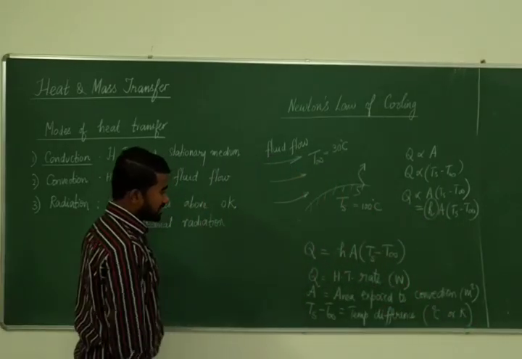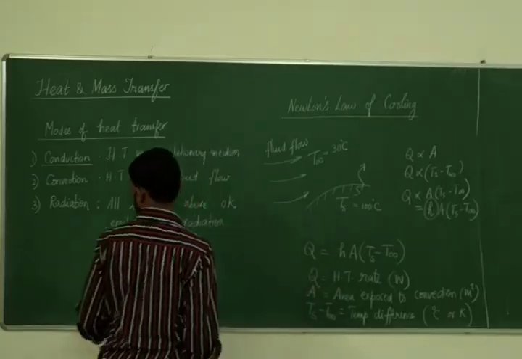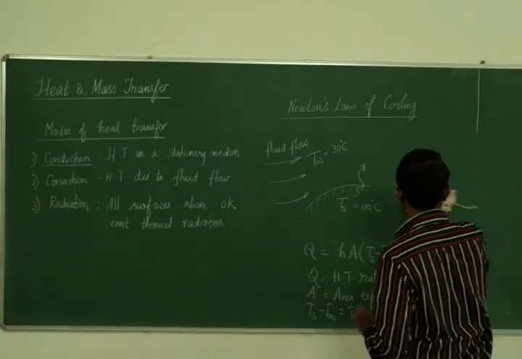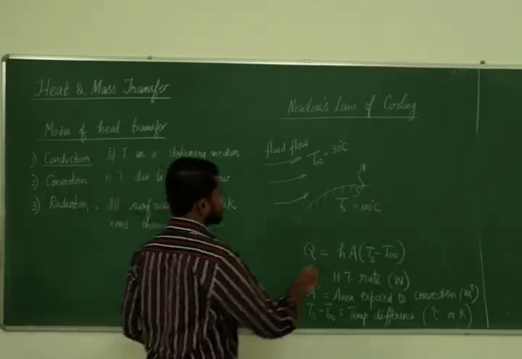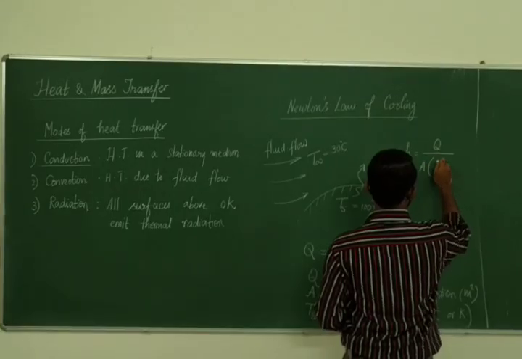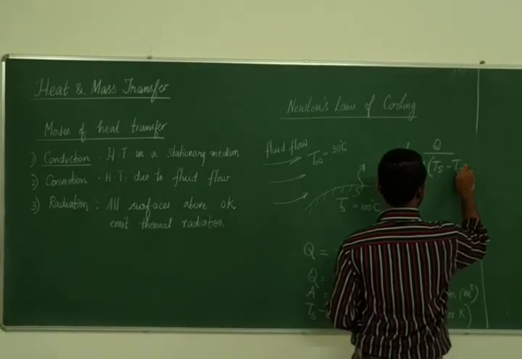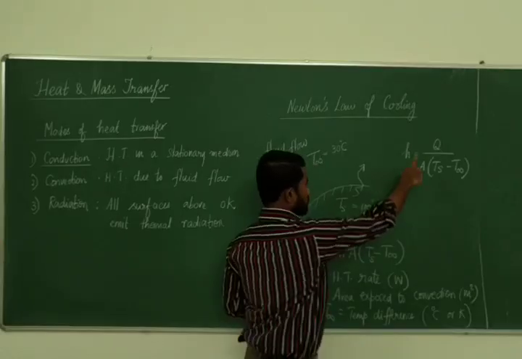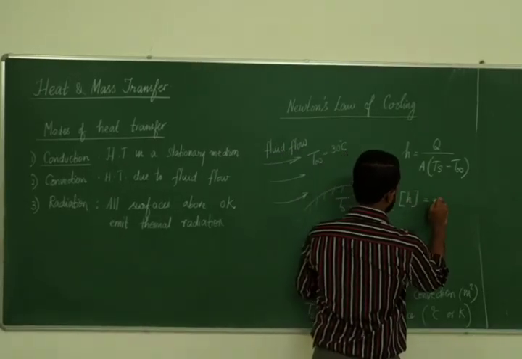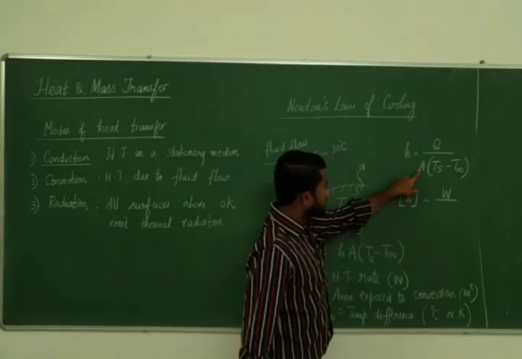Now let's decide the unit of h. What should be the unit of h? The equation for h: h is equal to Q by A into (Ts minus T infinity). Right? Now Q is measured in watt. A is in meter square.